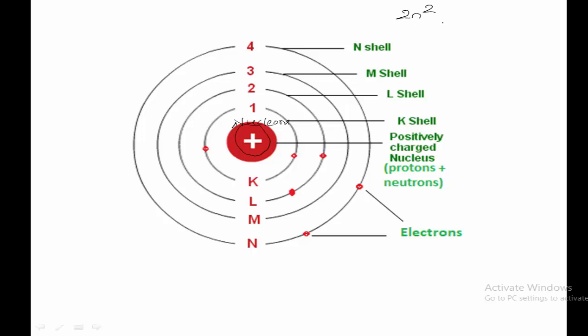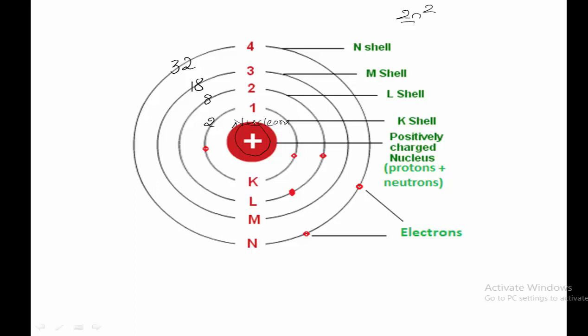So by using the 2n square formula, we will find the maximum number of electrons present in a shell. If we use this formula, then we come to know in the first shell the number of electrons present will be 2, in the second shell the maximum number of electrons will be 8, in the third shell it is 18, and in the fourth shell it is 32. That we have already calculated.